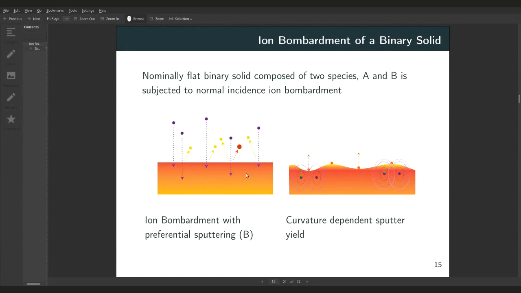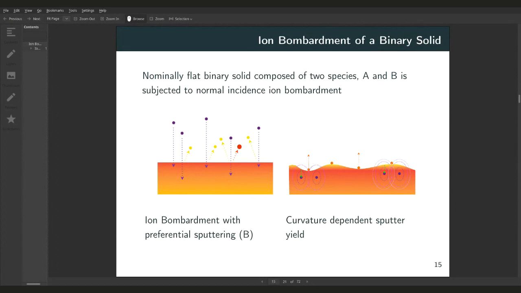Here, because I have two species, think of my original solid as well mixed. So I have two different elements, for example, gallium and antimony. In that example, antimony is preferentially sputtered, leaving the surface around 30% more often than gallium. And so you end up with a shift in your surface composition because one of your elements is more easily sputtered.